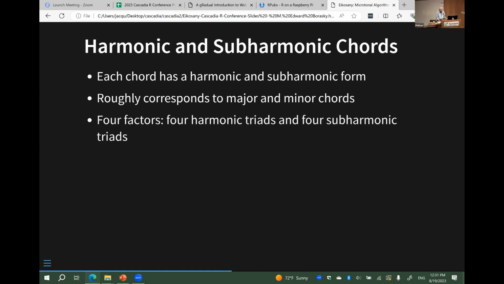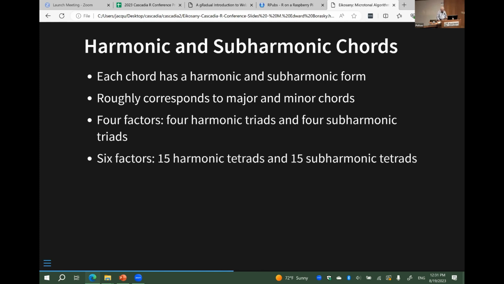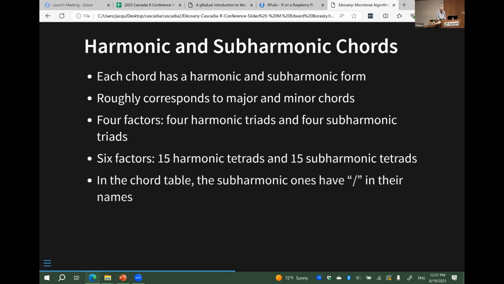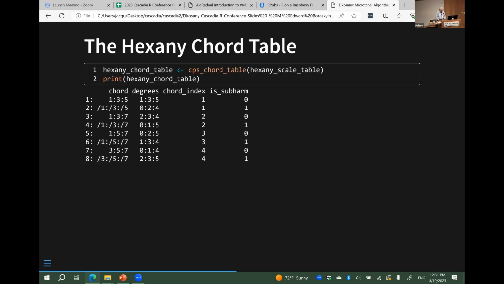So for 4 factors, you have 4 harmonic triads and 4 subharmonic triads. For 6 factors, you have 15 harmonic tetrads and 15 subharmonic tetrads. And in the chord table, the subharmonic ones have the slash in their names. So here they are, there's the hexany chord table.